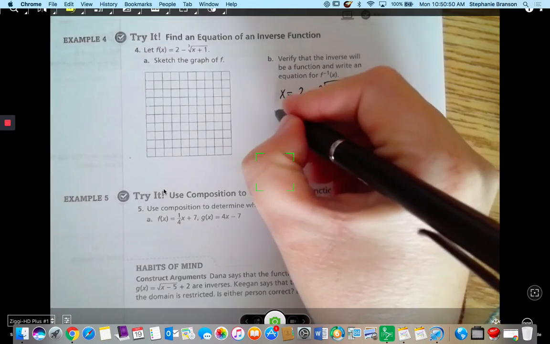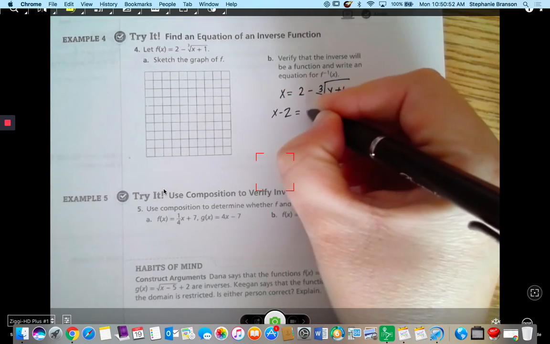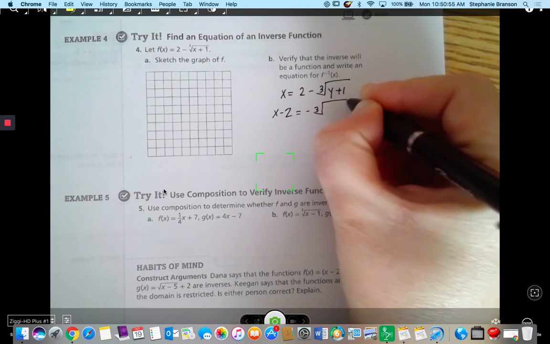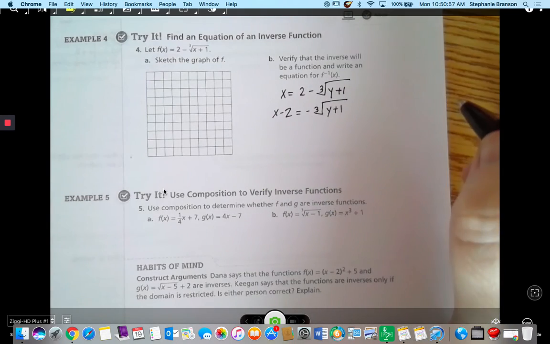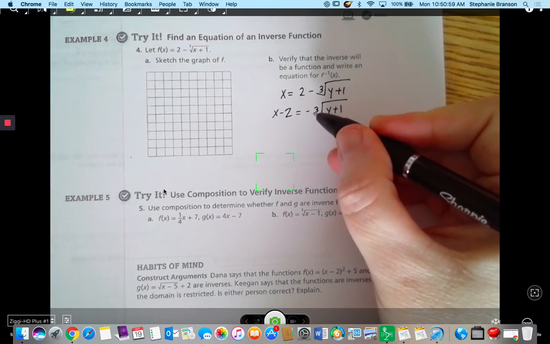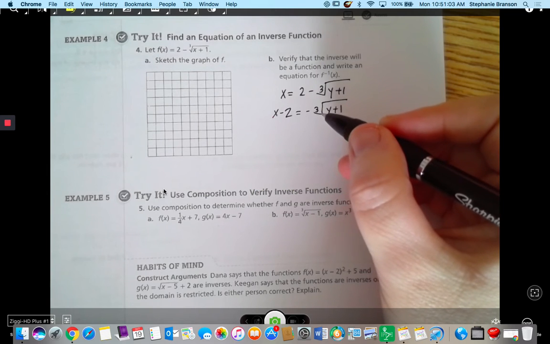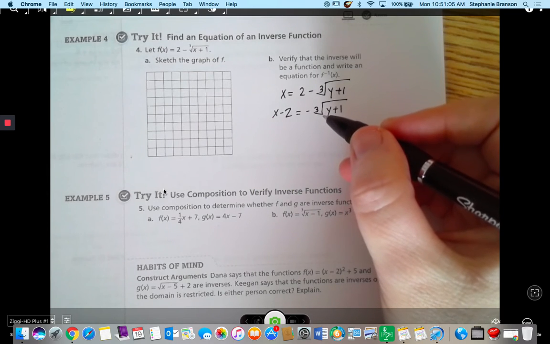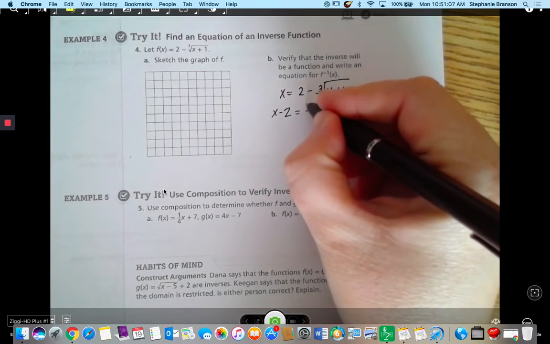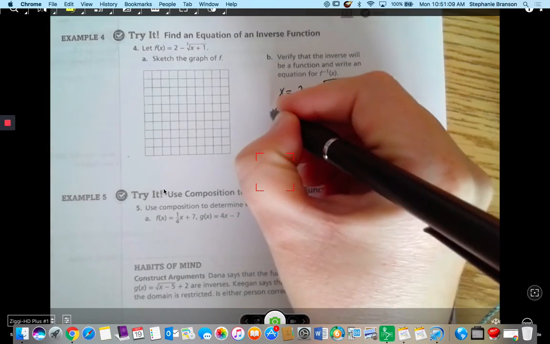I'll start by subtracting 2. So x minus 2 is equal to negative cube root of y plus 1. Got to get rid of the negative, so we can do that by multiplying both sides by negative 1.